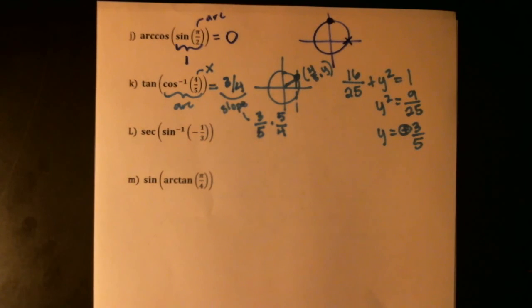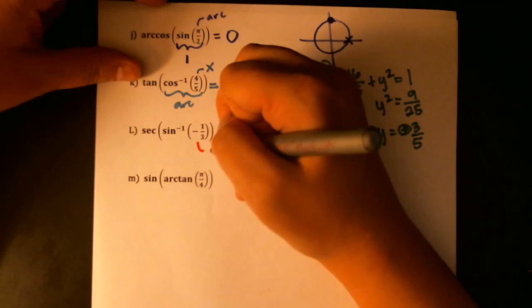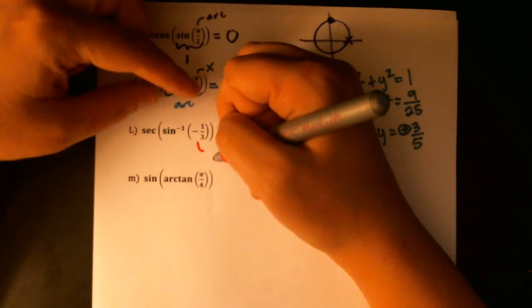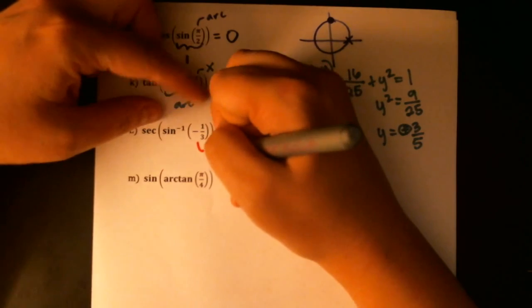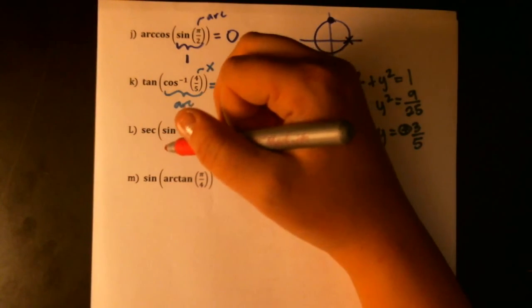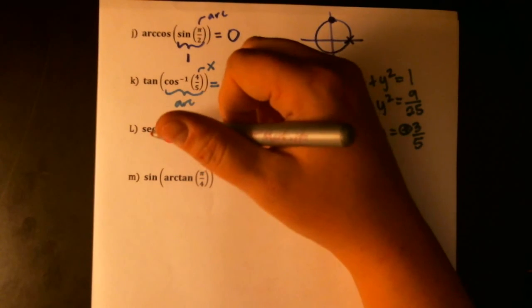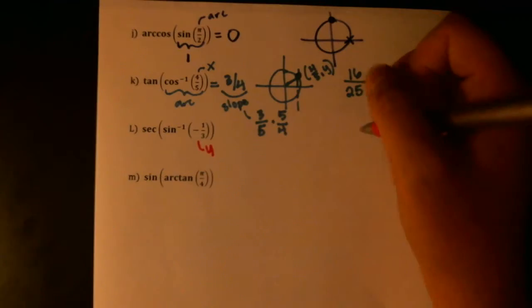Okay, let's see. Secant of inverse sine of -1/3. So if the -1/3 is getting plugged into inverse sine, it must be a y value. And then inverse sine will try and tell me my arc length. And then based on that, I'm supposed to find 1 over my x value.